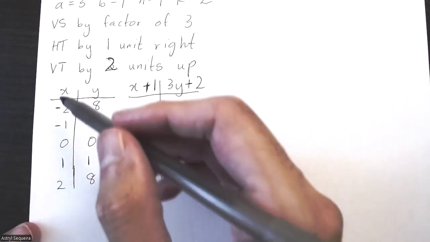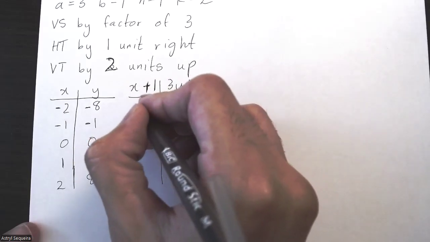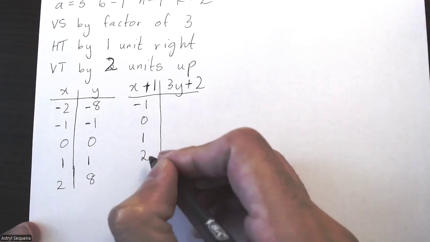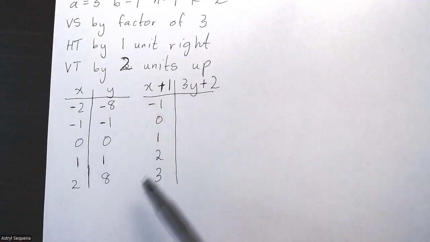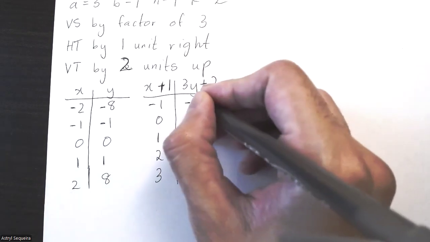So now all I gotta do is transform these points here. For the x values, I'm just adding 1 to them. So that's pretty easy: -1, 0, 1, 2, 3. For the y values, I'm subbing the y values into y over there. You can do that in your calculator. I'll just do it in my calculator to be extra careful.